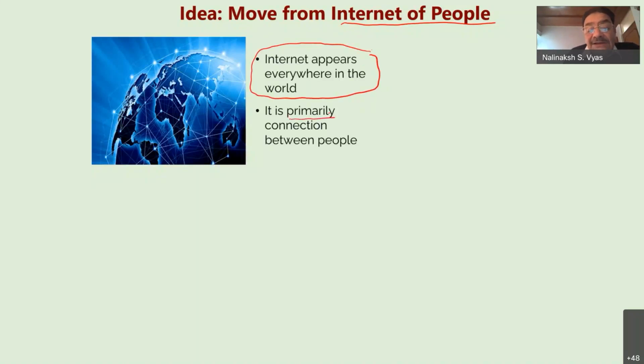It is primarily a connection between people. I'm talking to you through the internet. So it is one person, that is me, connecting to you, 10 persons or 50 persons over the internet. So it is internet of people.